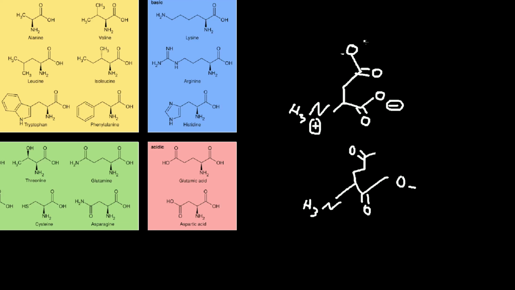So with aspartic acid and glutamic acid, they're very similar to each other. The only difference is the one extra carbon, which is located here and here. So this is aspartate, and this is glutamate.